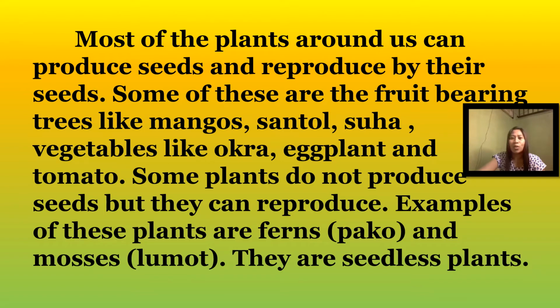Kindly list at least 5 examples on your notebook of plants that have seeds and reproduce by their own seeds. There are also vegetables with seeds, like okra. Do you eat okra? Eggplant and tomato or kamatis.